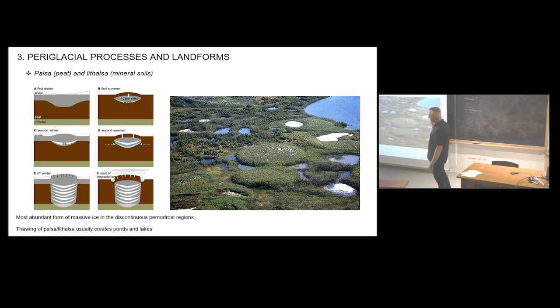So the difference between epigenetic permafrost and syngenetic permafrost is that this one gets richer as you go down. The ice lenses get thicker as you go down because thermal diffusivity makes the freezing front kind of stable. So it will degrade differently than syngenetic permafrost, which is ice-rich all through the sedimentary column.